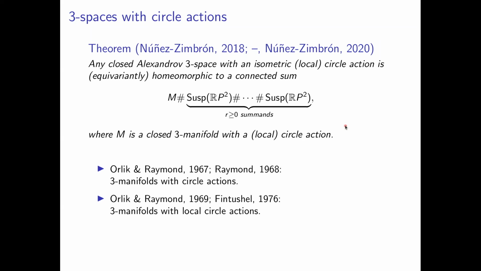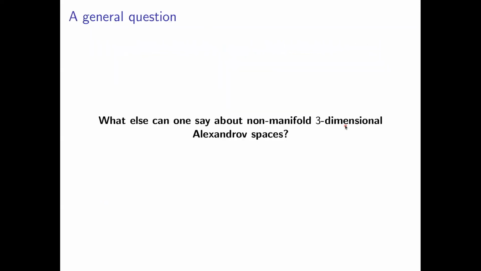This theorem puts together all the previous results on the topology and geometry of three-dimensional Alexandrov spaces. And let me conclude with this general question. What else can one say about these non-manifold Alexandrov spaces, and even manifold Alexandrov spaces?